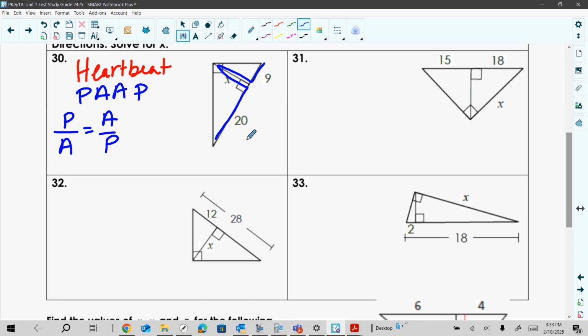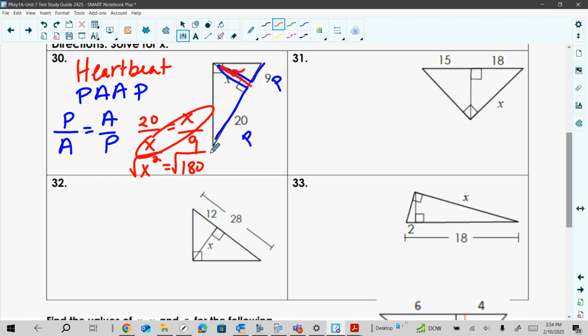Our parts here are 20 and 9, and our altitude is the x. So when I set this up, we should have 20 over x equals x over 9. And then we're going to cross multiply and take the square root, because when we cross multiply here, that is x squared equals 180, and then we're taking the square root.